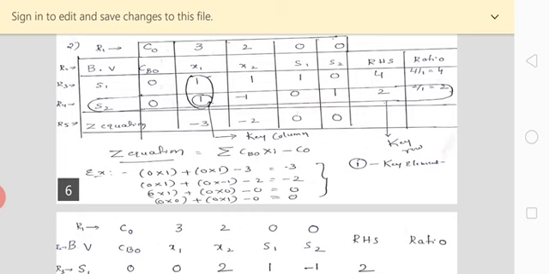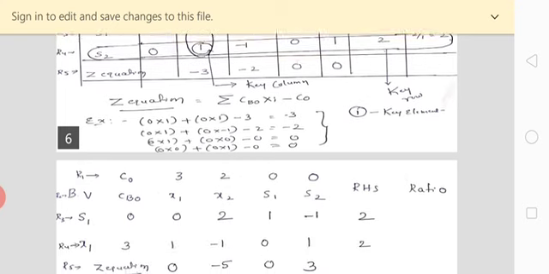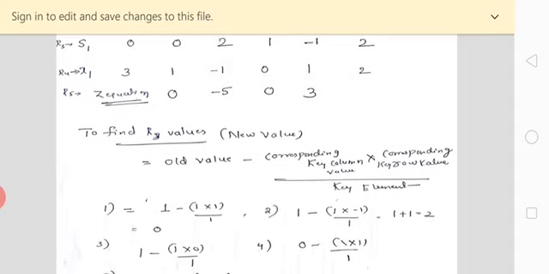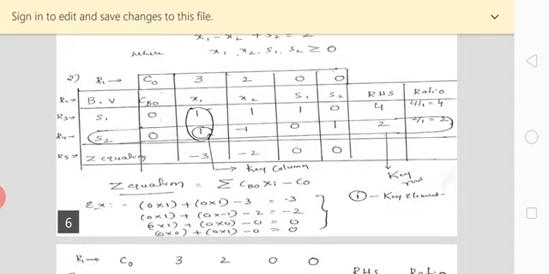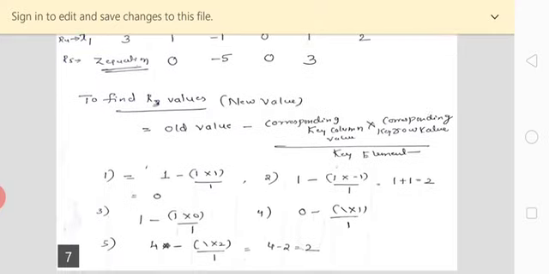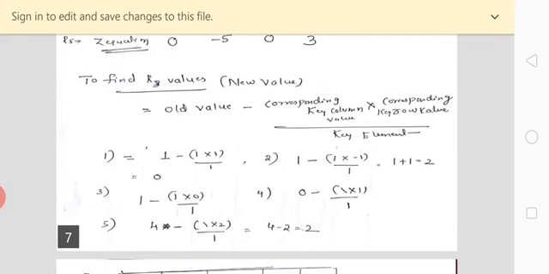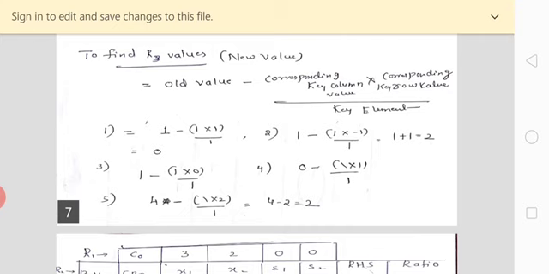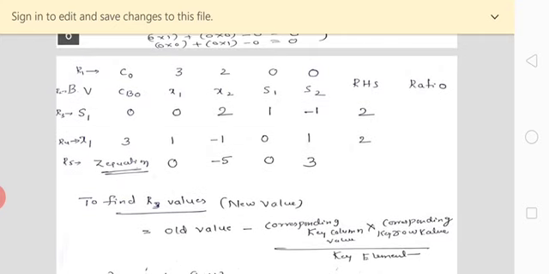Here my key column is fixed for the R3 values. Now the old value is 1, the key column is 1, into the corresponding key row: corresponding below, what is the value? -1. My key element is common. Now minus 1 into 1, it becomes 1 plus 1, 2. That's why I have written 2 here.